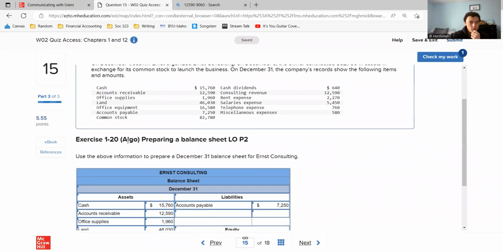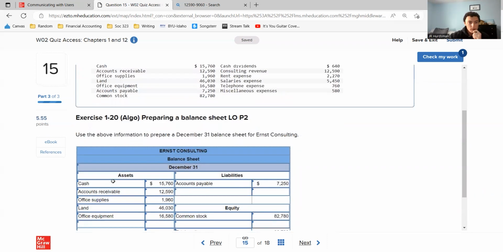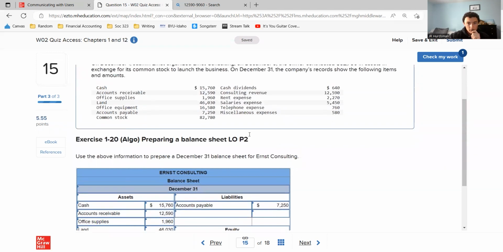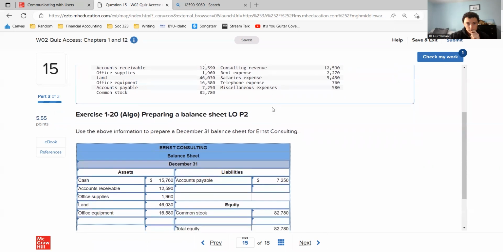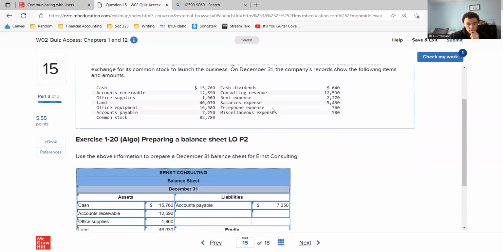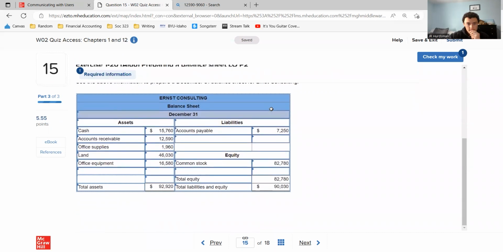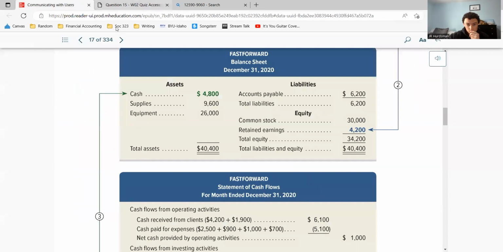Here we have our cash, receivables, office supplies, land, office equipment, accounts payable, common stock. Dang, it was going so smooth till this one.